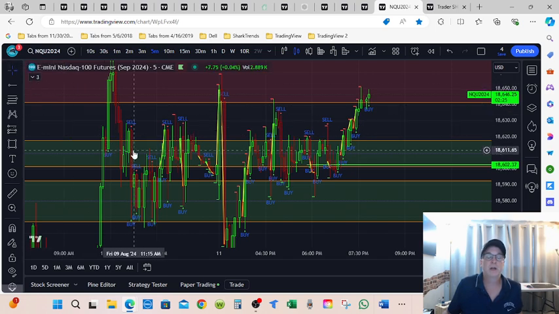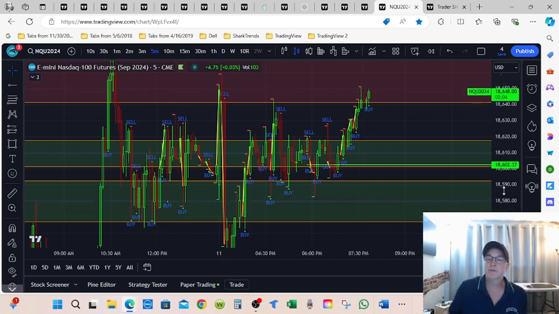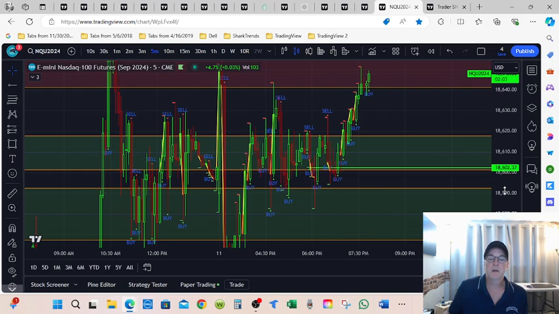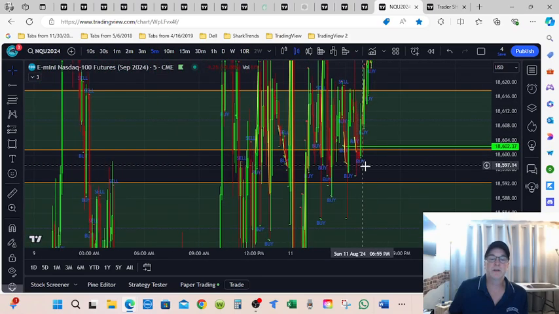I like to use it for pre-market setups to see what I'm looking at, and it works pretty good. You have buy and sell signals here. I want to also touch on that. These buy and sell signals, you have to take them basically as zones.